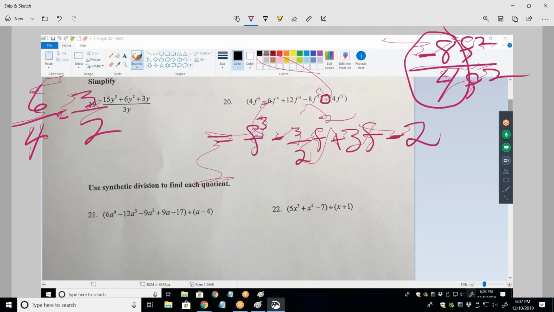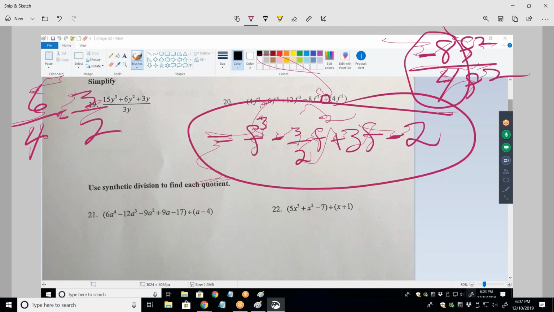Not to mention, anything divided by itself is 1. Well, f squared divided by f squared is something divided by itself. So that's always 1. So this is actually our final answer. In other words, the f's cancel out. You're left with just that minus 2.